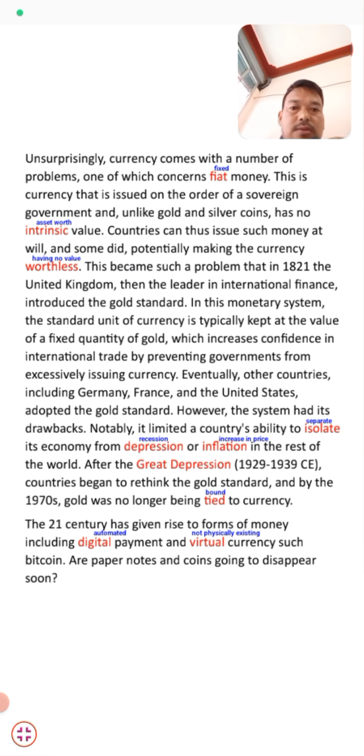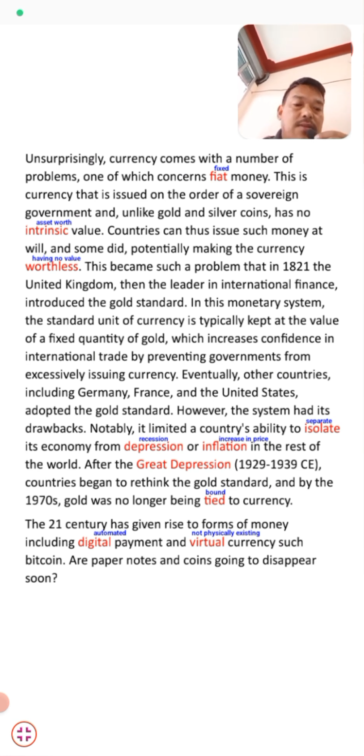Students, this duration from 1929 to 1939 was a very major economic downturn, and many countries faced inflation, depression, and recession. It was a tragic moment for many countries.